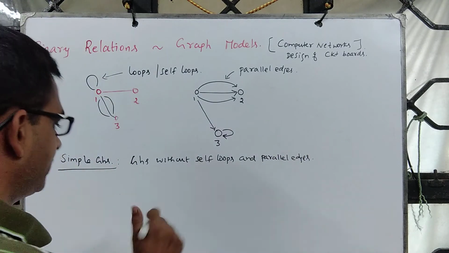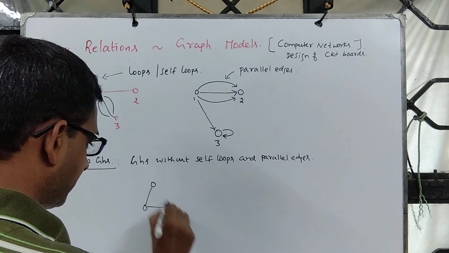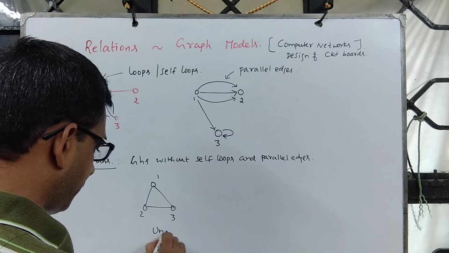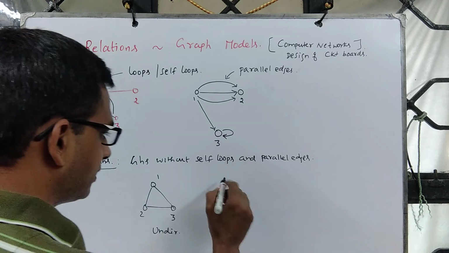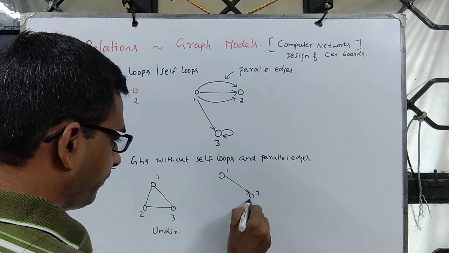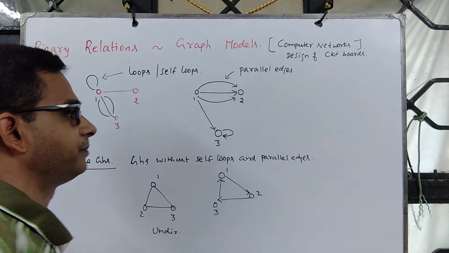Which means the kind of graphs that you come across will be something like this. In the undirected sense, you come across a graph like this. In a directed graph, maybe 1 to 2, and then 2 to 3, say 3 to 1.